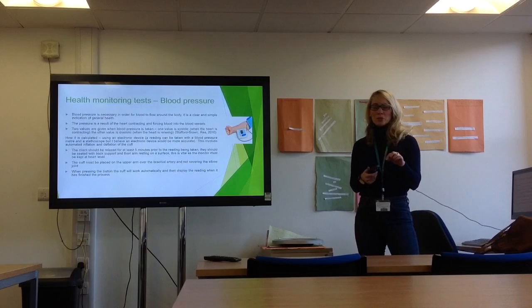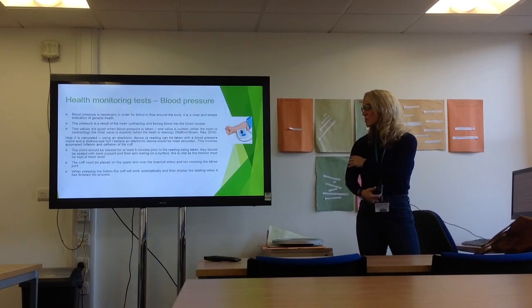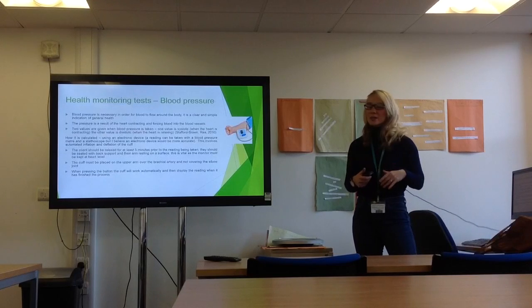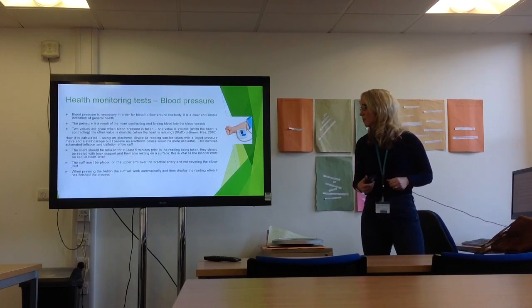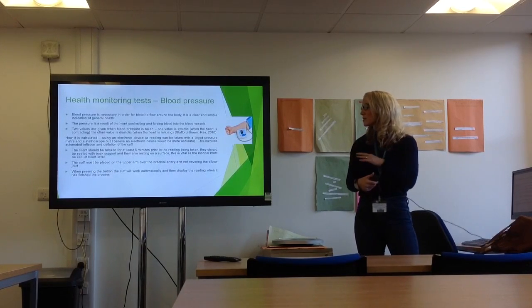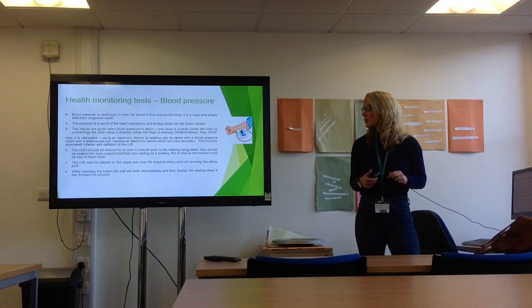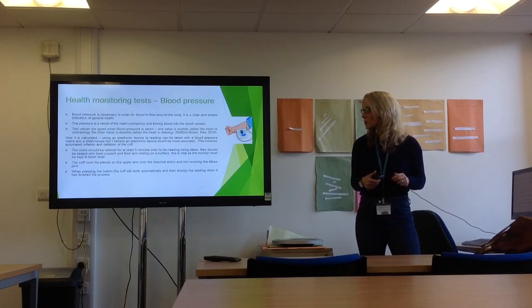There is a button to press start, and it would then automatically take the reading. The cuff must be placed on the upper arm over the artery, ensuring that the client can still bend their elbow. Then when they're in a suitable, comfortable position and the cuff is in the correct location, you press the button and it will automatically take the reading, and then the display will show what the final reading is.